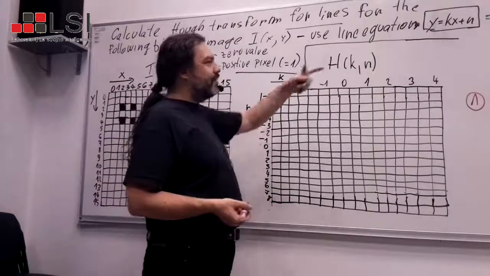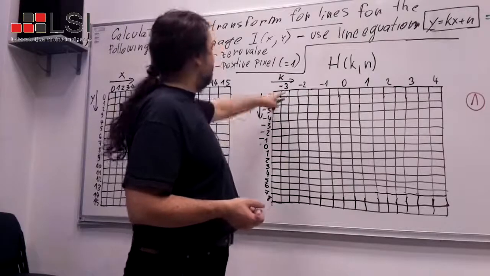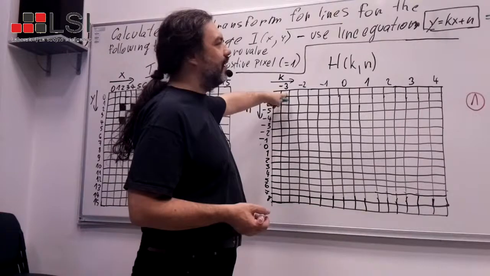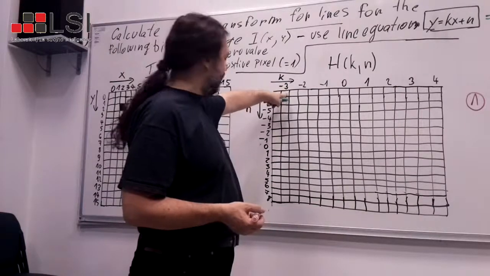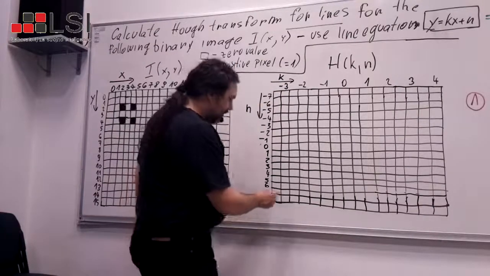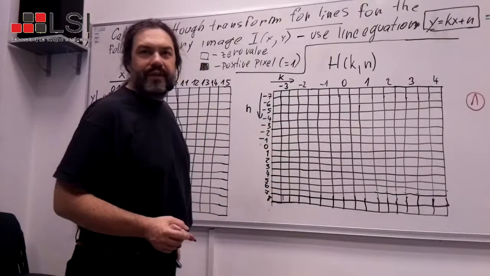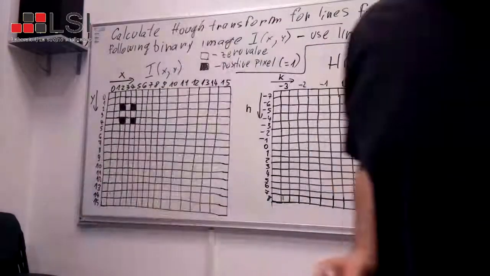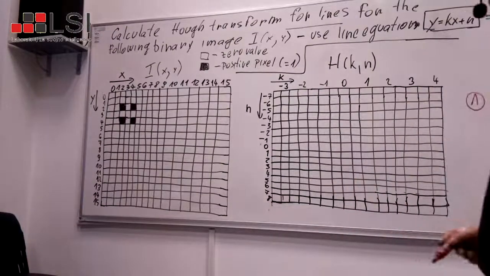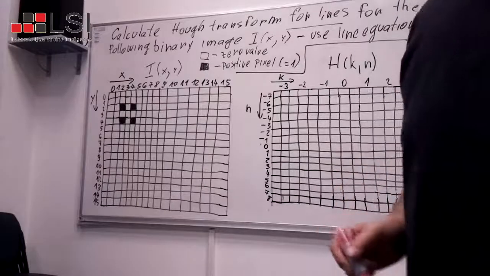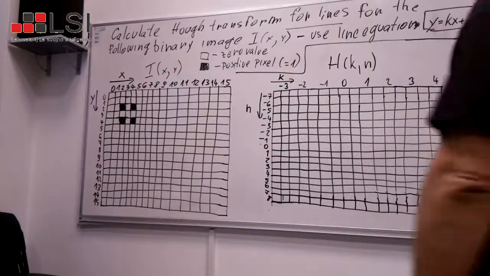Then for K equal to minus 3, we got the accumulator position of N with 8, and this is here. So I'll draw one line here. So we have a score of 1 here. Hopefully you see it. It should be a red line here. Yes, I know it's poorly visible, but okay.